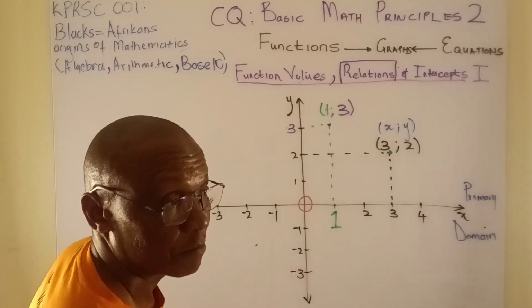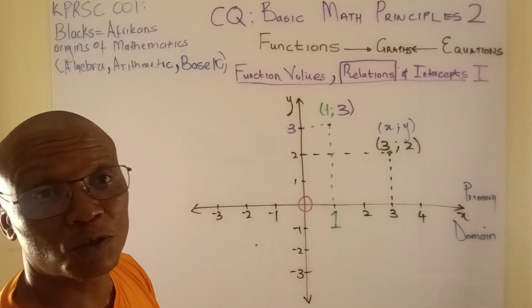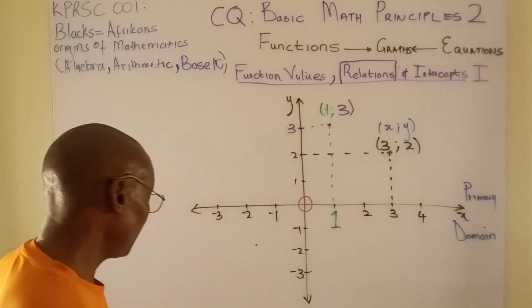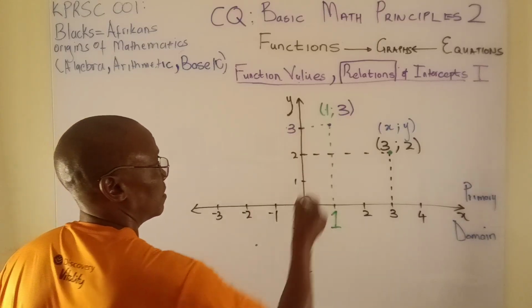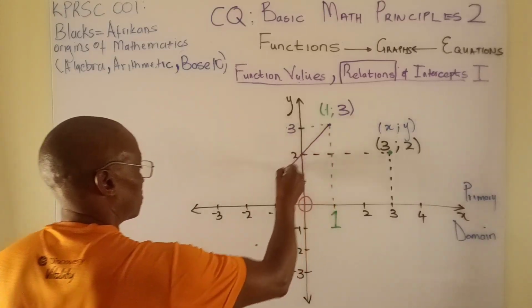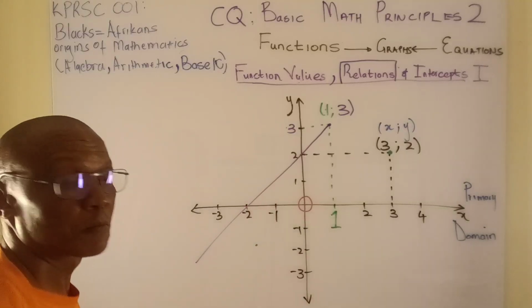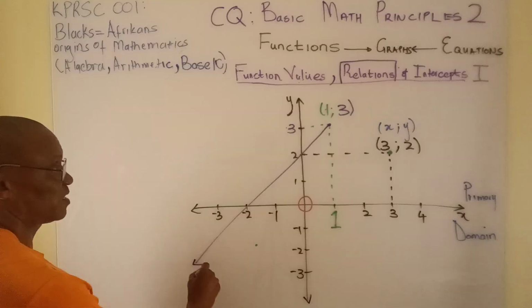What if there are 1,000 of them that you want to select? Well, let's select the simplest one. This is the simplest one. It's a straight line.